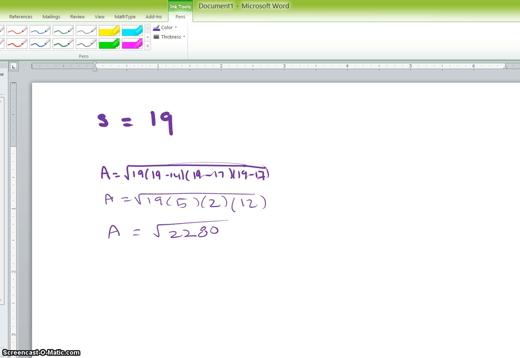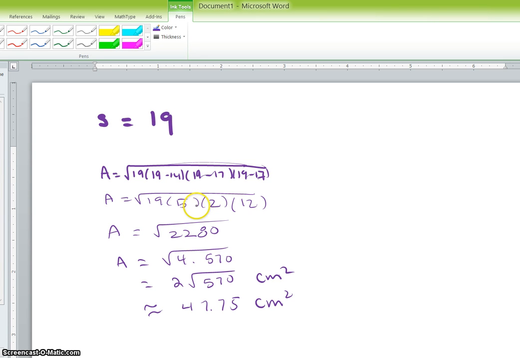When I take the square root of that and simplify it, this is the same thing as 4 times 570, or 2 times the square root of 570, which is approximately equal to 47.75. So it is approximately that many centimeters squared, since our units were originally centimeters. And that's how we're going to apply the area formula.